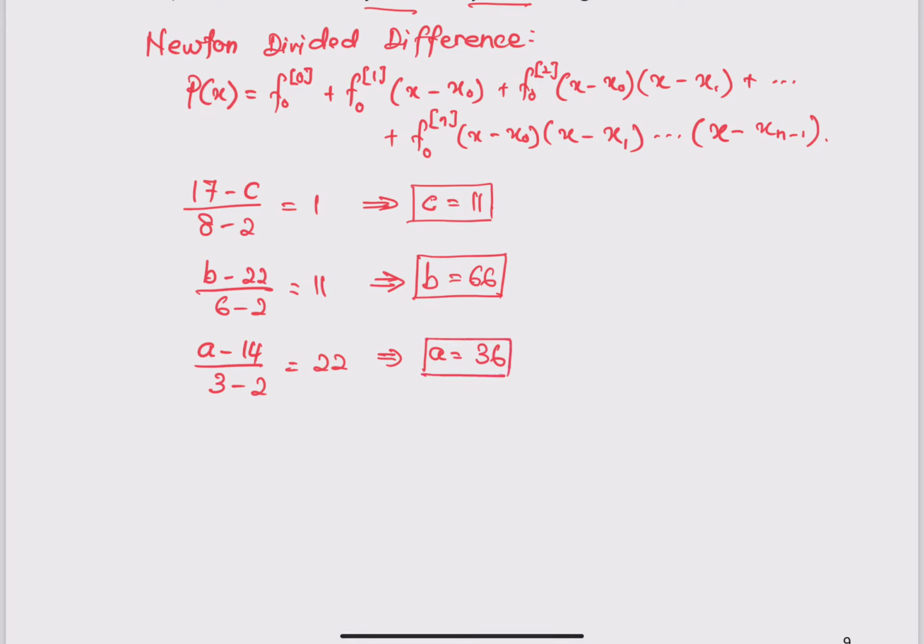Alternatively, as I said, you can use 234 minus a divided by 6 minus 3 is equal to our value of b, 66, and then you do this calculation and you will get a is equal to 36.